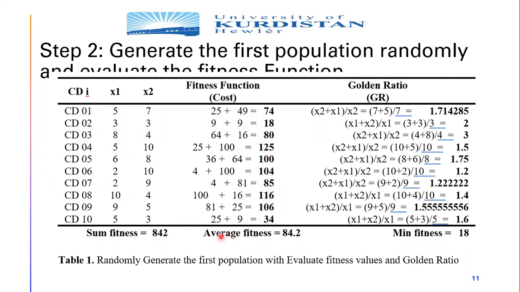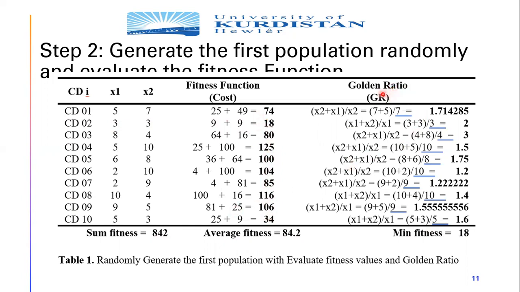We found that the sum of fitness is 842 in the first iteration, and the average fitness is 84.2, and the minimum fitness is 18, which is drawing number 2. That's the minimum fitness. 18 is the least fitness.